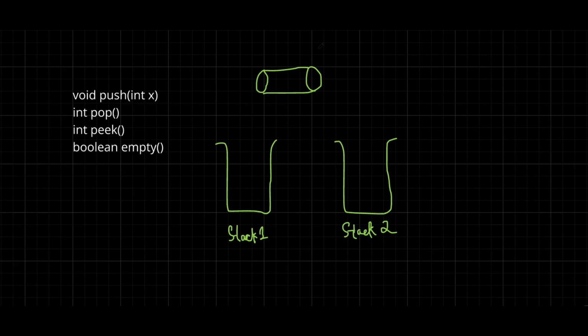Suppose element 1 enters the queue, then element 2 enters the queue. While removing, element 1 will be removed from the queue first, then element 2 will be removed. A queue is something like a ticket counter. The person who arrives at the ticket counter first will get the ticket and leave the queue.